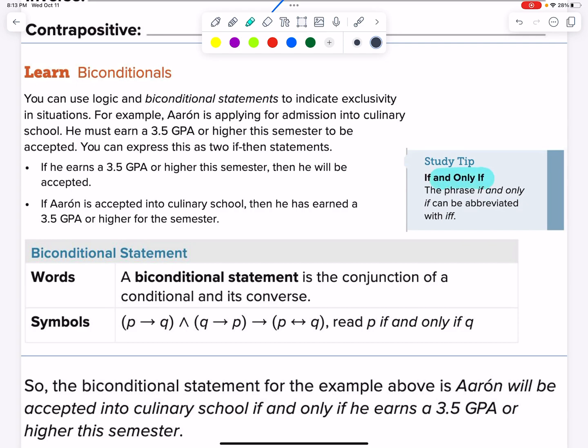So rather than seeing if, comma, then, you're going to have the hypothesis, then the phrase if and only if, and then the conclusion.